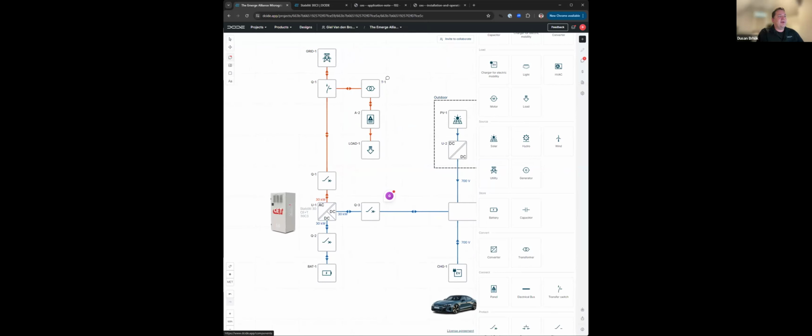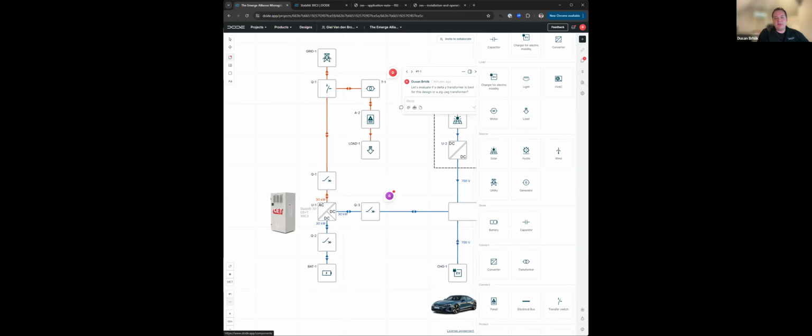So if I'm collaborating with Giel, I would just tell him, let's evaluate if a delta Y transformer is best for this design or a zigzag transformer. Now, there are trade-offs between those too. You have to really start looking at the inductance and how much your system can handle, and that's where some of those additional metrics in a data sheet will become handy.